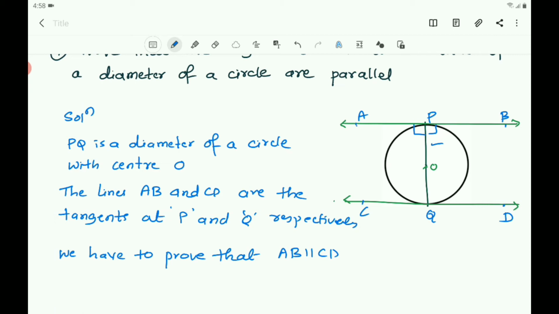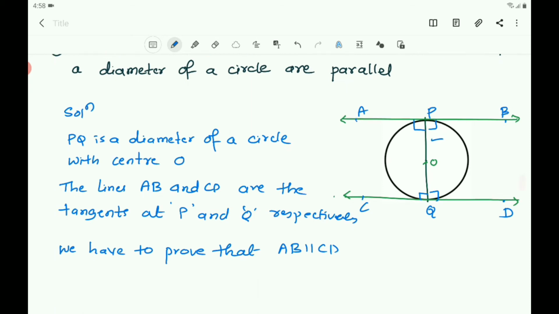And also CD is a tangent at Q. OQ is perpendicular to CD and angle OQD and angle OQC are right angles. The tangent at any point of a circle is perpendicular to the radius through the point of contact.